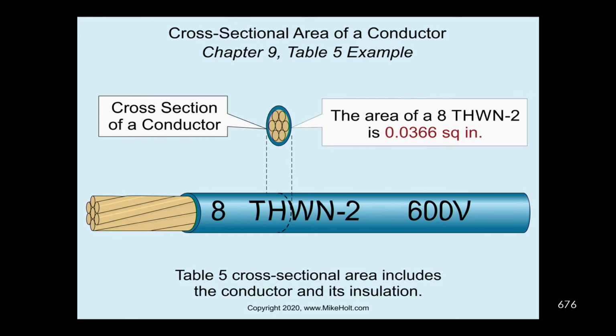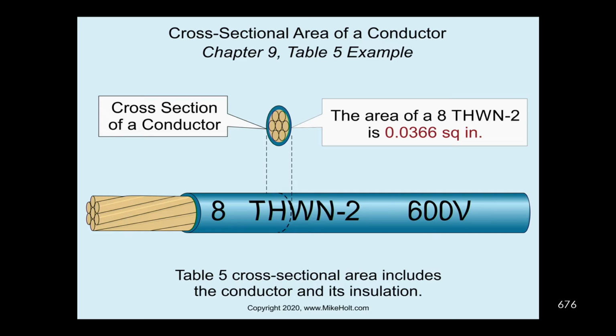Okay. So our number 8 THWN-2, let's go ahead and look that up on the table right now. Let's go to Chapter 9, Table 5, and we're going to look for THWN-2.